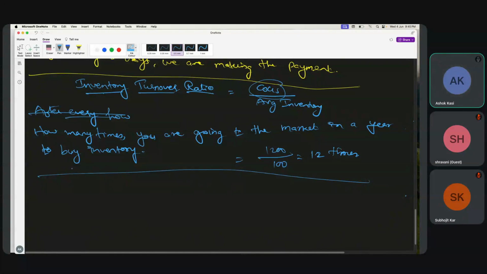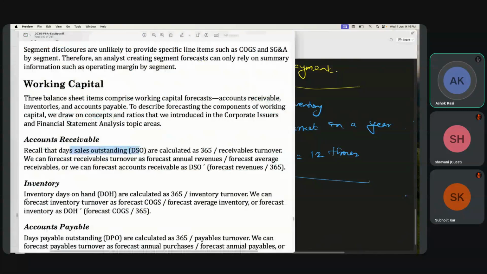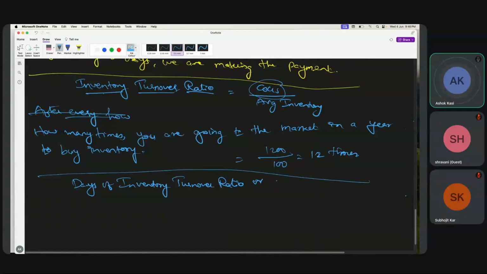Then, days of inventory turnover ratio, also called inventory days on hand, DOH. DOH means inventory days on hand.